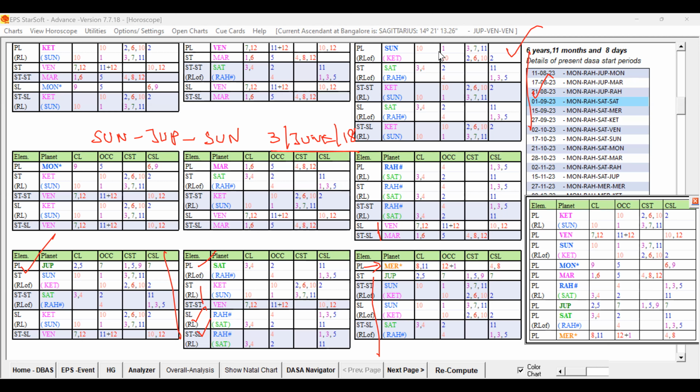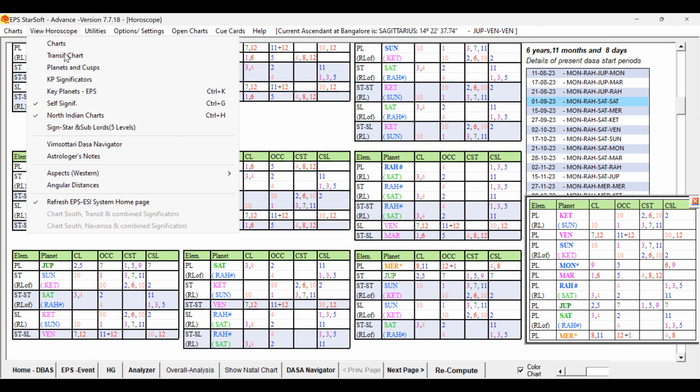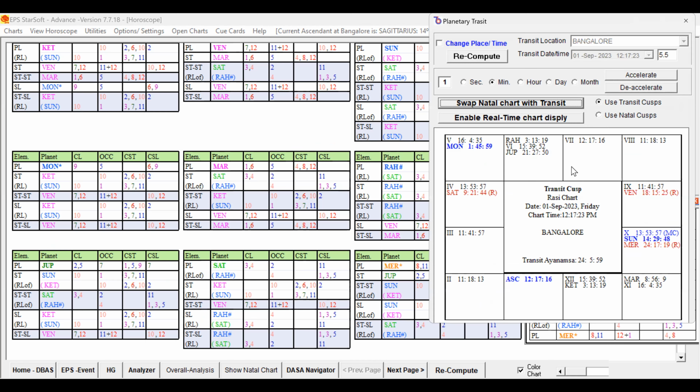Let me clear this and open that transit chart. What is the date? 3rd June 2018. Yeah, I have to note it down. Just a minute. 3rd June 2018. Okay.